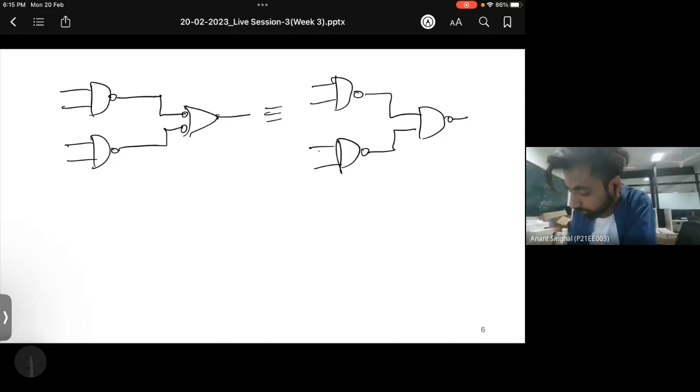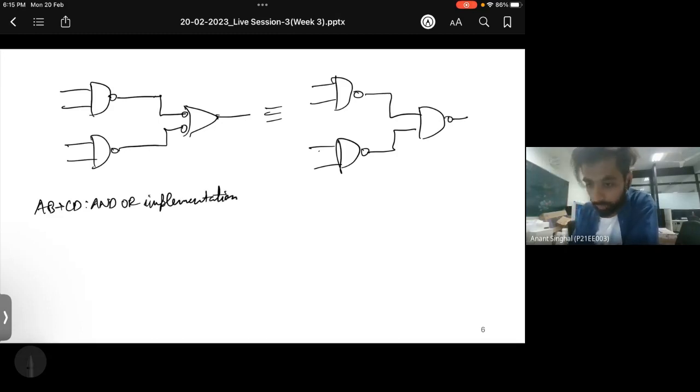So as given in the question, it was already an AND-OR implementation. So this approach will always give you the minimum number of NAND gates required to solve the question. So if I use here A, B, C, D, and Y, the output of this will come as AB plus CD. You can check by solving it using the circuit also.